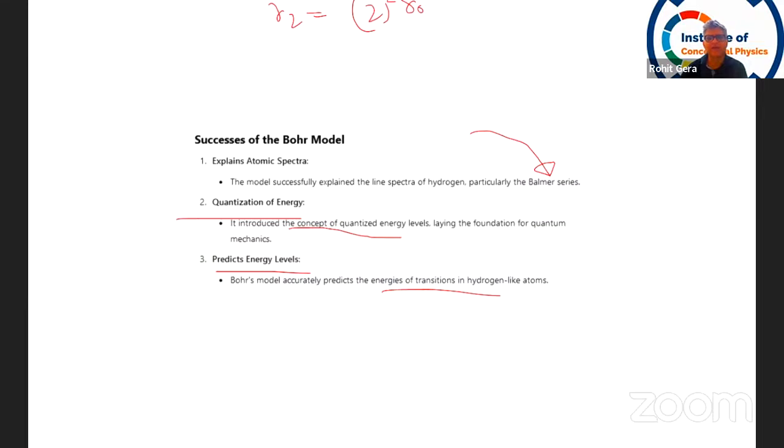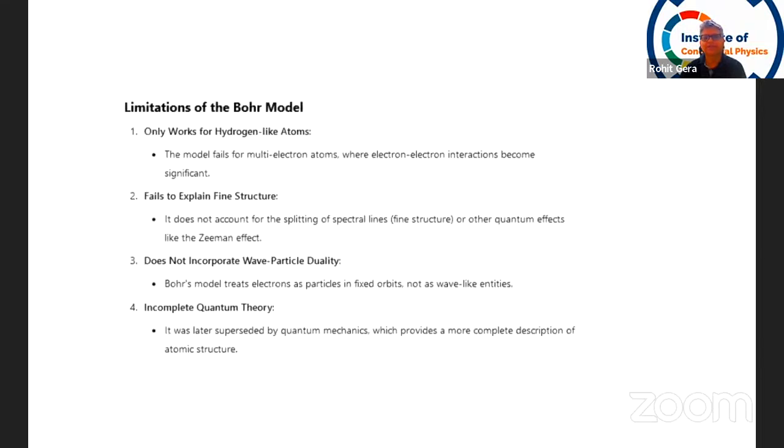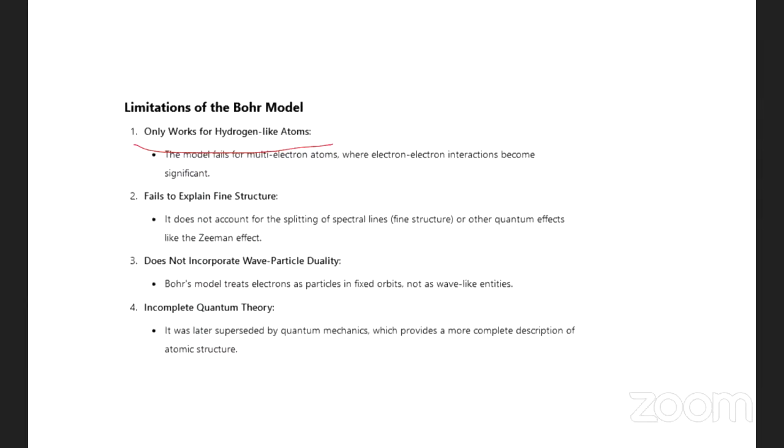Here we will know the hydrogen-like atom. Any atom which has one electron, you can apply it there only. Otherwise, this is not applicable. So hydrogen-like atoms only: one electron, one proton.